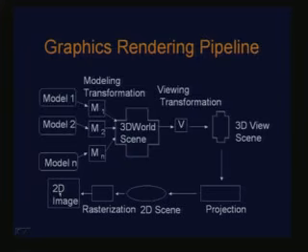Okay. So, this is how the whole pipeline is for converting my 3D scene to this 2D image. And each of these boxes we are going to study in detail.